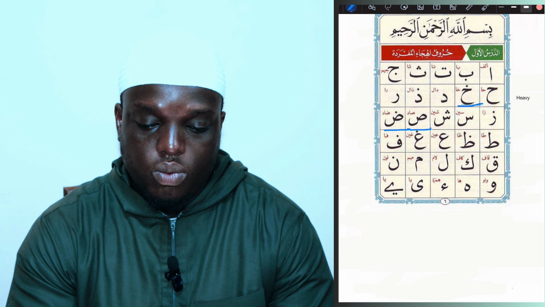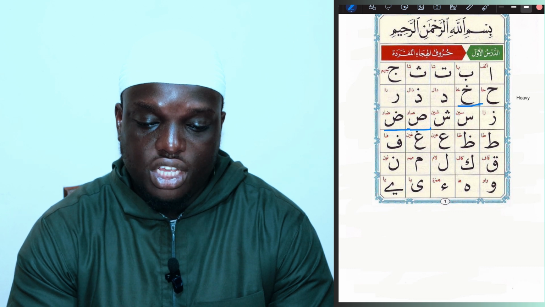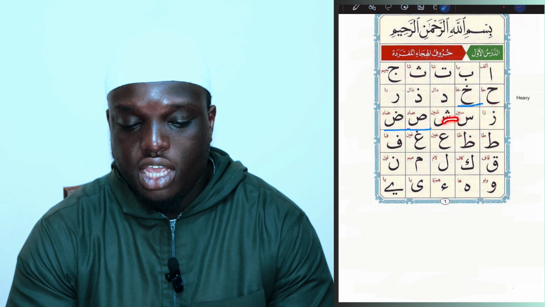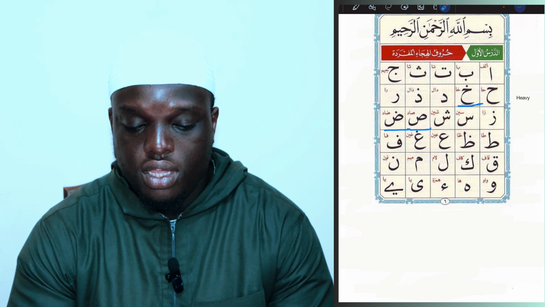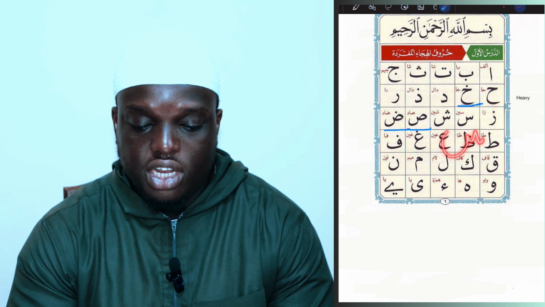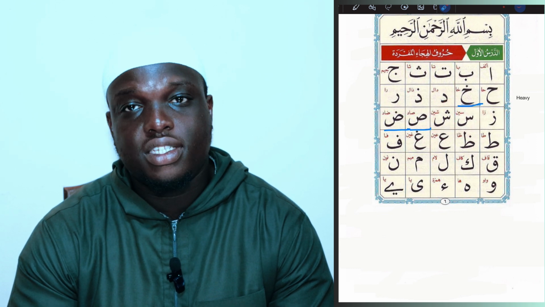So we have, again, Seen and Sheen. Seen and Sheen, same shape, right? Seen and then Sheen, same shape. However, Seen has no dots. Sheen has three dots on top.